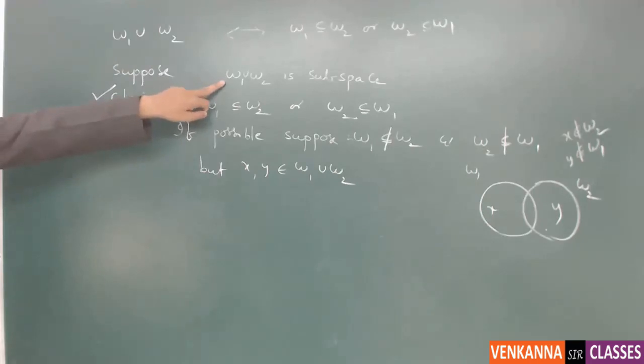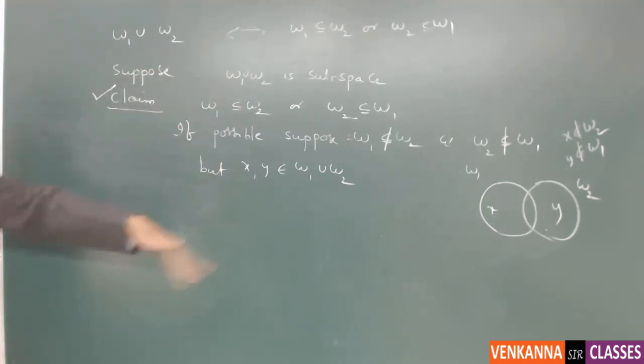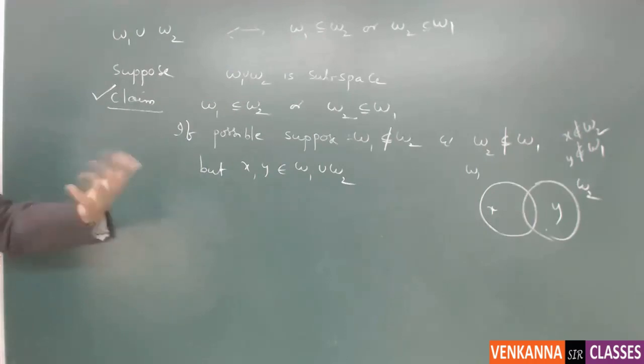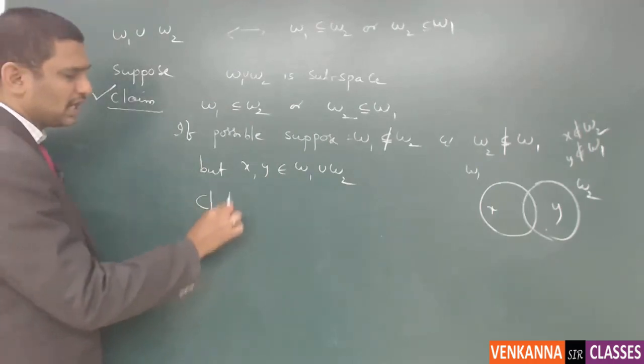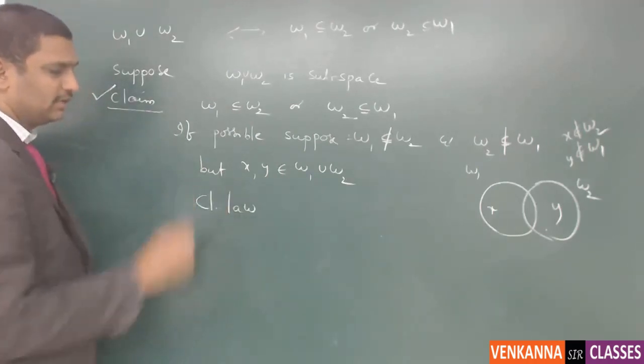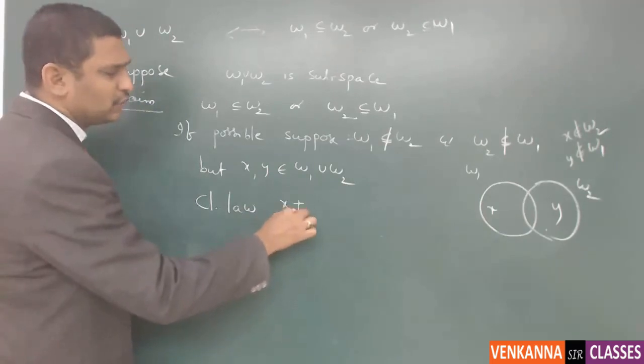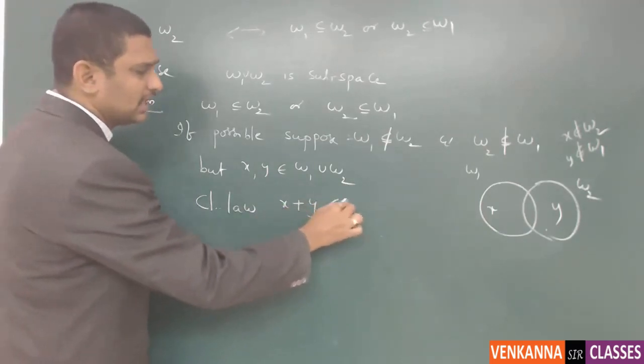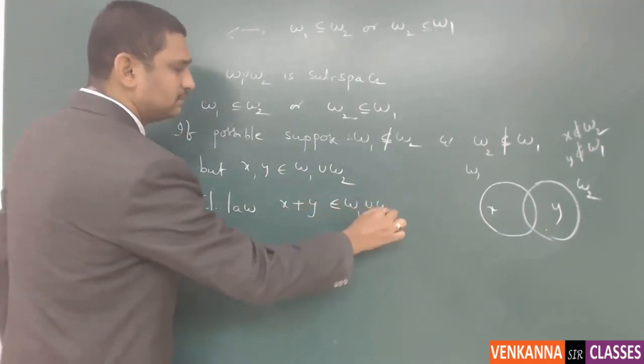From our supposition, the union is a subspace. So it is a vector space. It will satisfy all the properties, closure, associative, identity, etcetera. Now, from the closure property, you can say that if you add two vectors, the result will belong to the set.